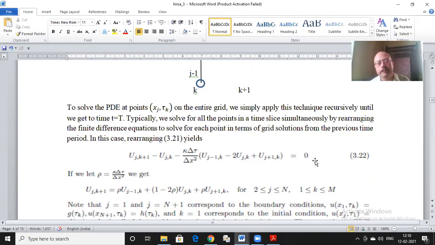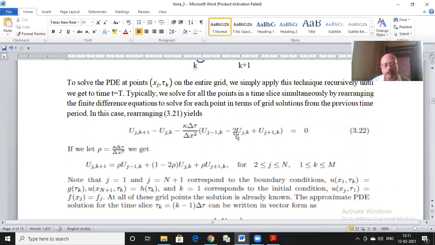It's just rewriting 321. Why? Because I want to write ujk plus 1 as an explicit solution target. So ujk plus 1 is rho ujk minus etc. And here I have done some simplification because ujk appears on both sides. So ujk has a different coefficient. The other two has rho. This has 1 minus 2 rho. This will work for all j's from 2 to capital N and for all k from 1 to capital M.